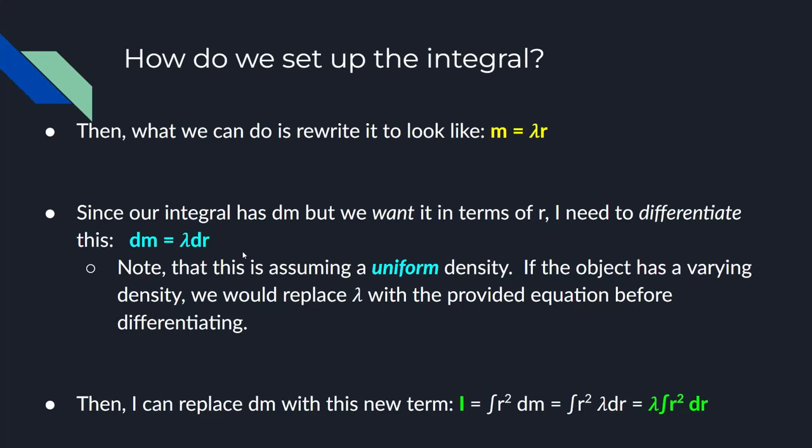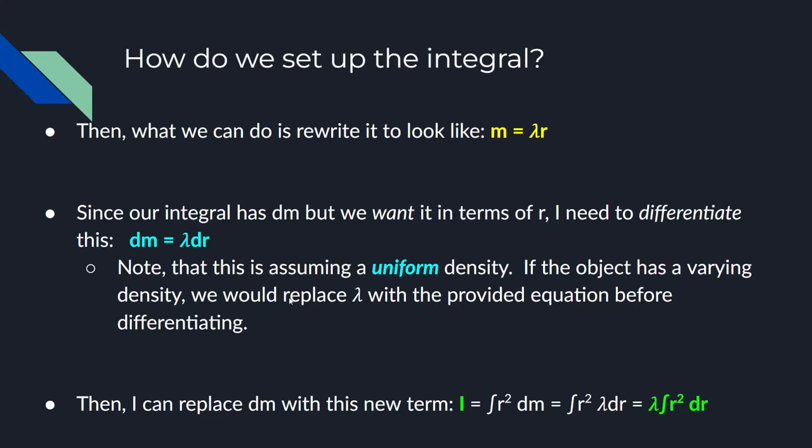If the object varied in its density, so there were sections where it was heavier and sections where it was lighter, we would have to be given the equation for lambda as a function of r, and then we would have to put that in when we go to differentiate. But this is going to be the more common case, and that's why I want to do this. The likelihood of you seeing lambda as some function is very rare. So we'd end up with this equation: dm equals lambda dr.